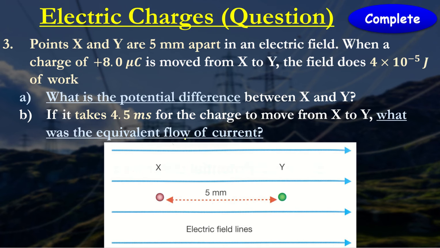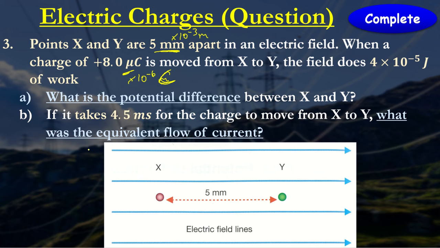Next question we have is to find the potential difference and also to find the current flow. So we have a distance separation of 5 millimeters, that's 10 to the minus 3 meters, and 8 microcoulombs, so 10 to the minus 6 coulombs.